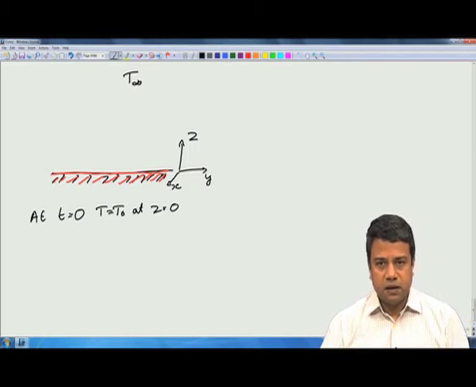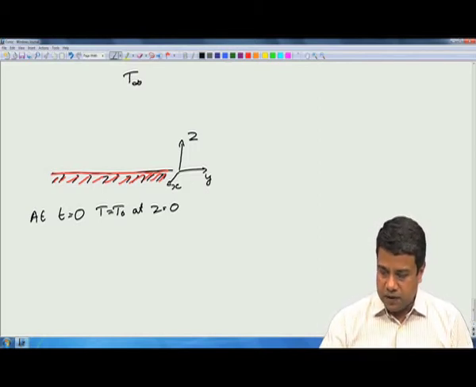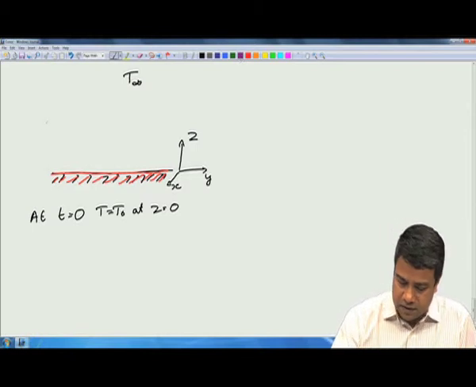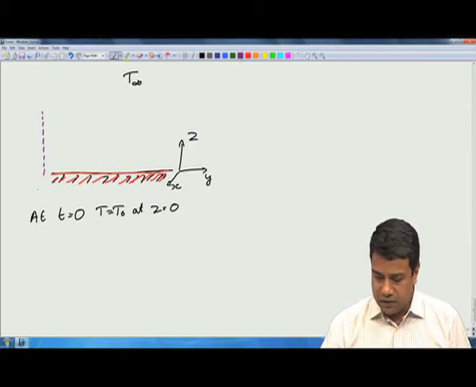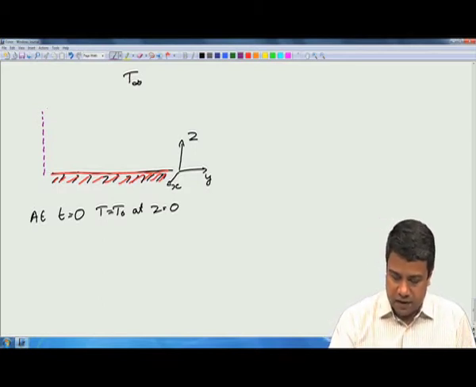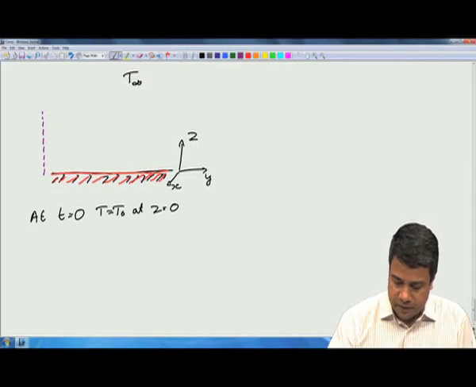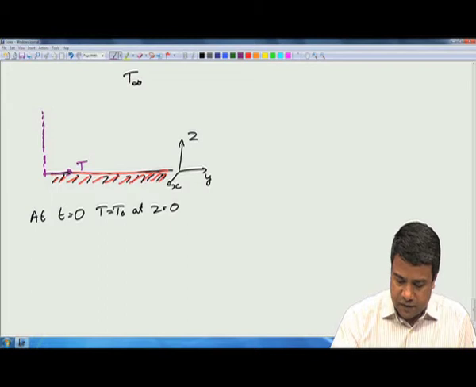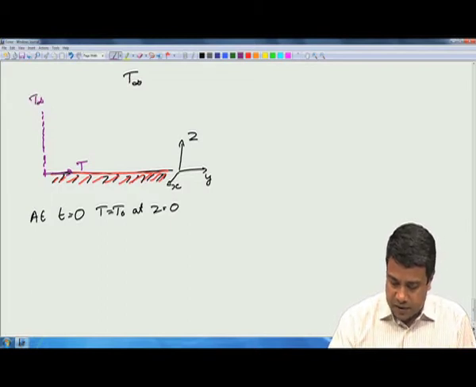If you look at the temperature profile as a function of position, as I said, there is no variation in the x and y direction. Initially everything is at T infinity. If I take this as the temperature axis, everything is at the temperature T infinity. At time t equals 0, you are increasing the surface temperature to T naught.